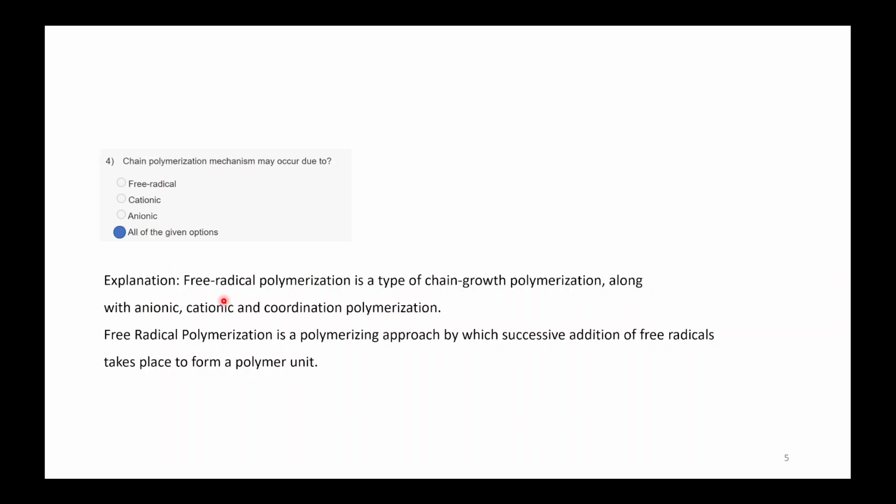So these are various types. Free radical polymerization is an approach by which successive addition of free radicals takes place to form a polymer unit. So these all will be the answer.